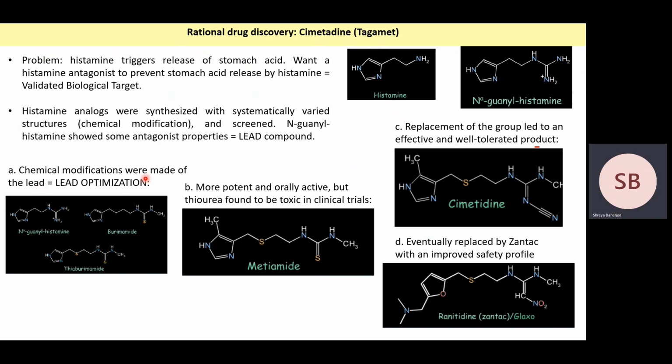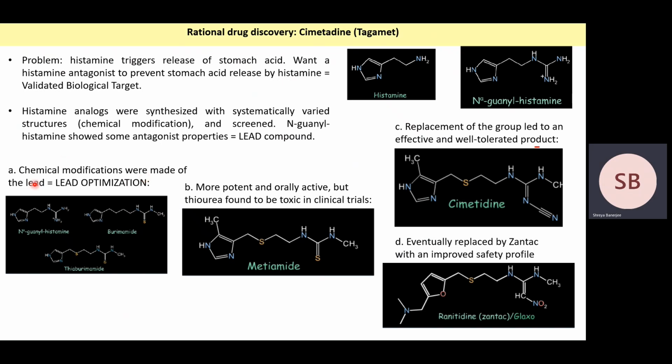Then chemical modifications were done to the lead compound, which is called lead optimization. So you can see in burimamide, instead of the double bond N, a double bond S was introduced. And in thiaburimamide, sulfur was introduced previously as well.